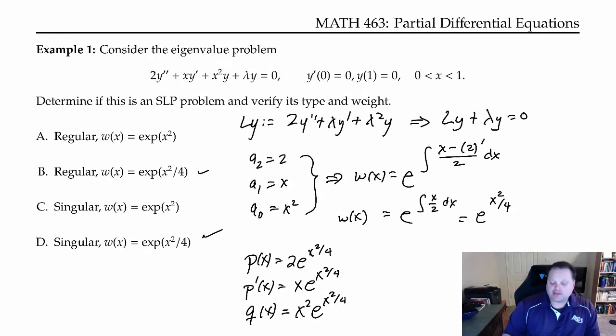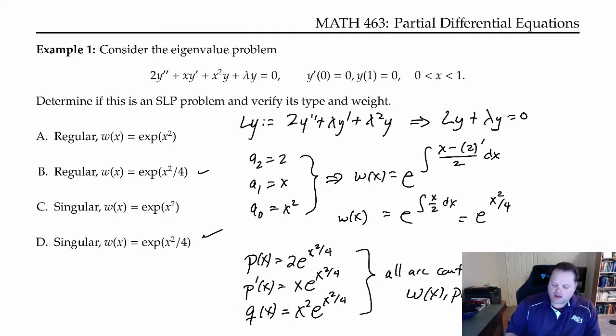So if we think back to the definition of regular versus singular, we need all of these to be continuous, which they are. So all of these are continuous functions on the interval from 0 to 1, so we're good there. We need w of x and p of x to be greater than 0. We need these to be positive, which they are. So that checks out, that checks out.